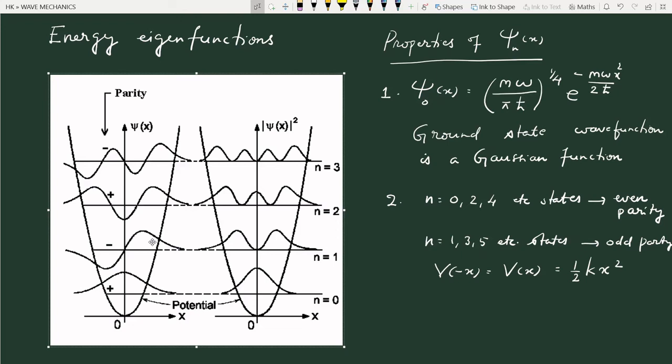That's why the wave functions have a definite parity about the mean position there. That means about the x equal to L by 2 point. It's not about the origin, not about x equal to 0 in the case of particle in an infinite potential well. So the symmetry of the potential function is reflected in the symmetry of the wave function. Symmetry of the wave functions is a consequence of the symmetry of the potential function.